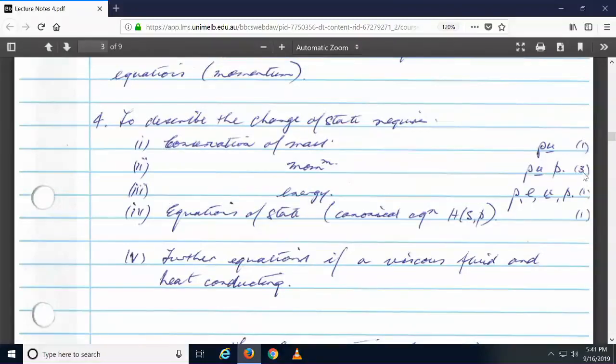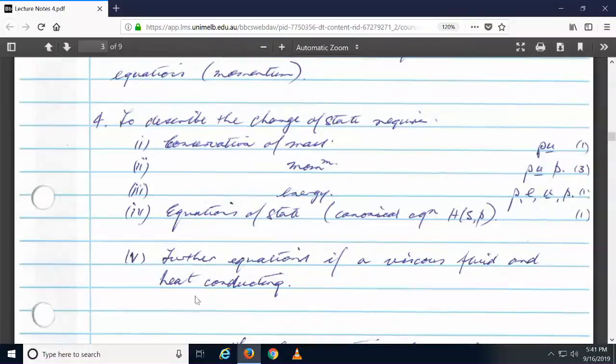We have 6 equations. What are the 6 unknowns that we can solve for? They are rho, E, P, those are 3 unknowns, plus the 3 components of velocity. So that's 6 equations we need for 6 unknowns.